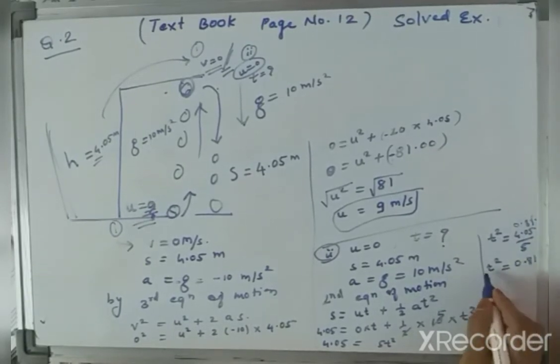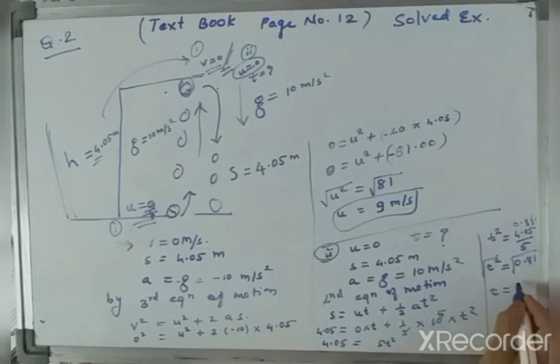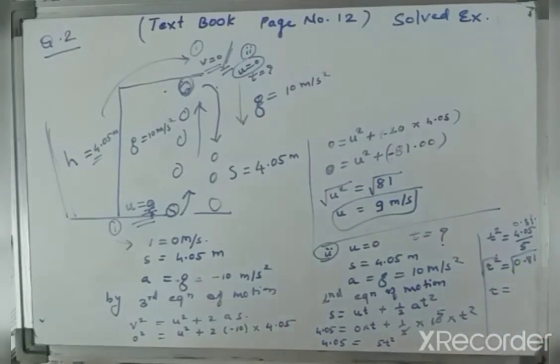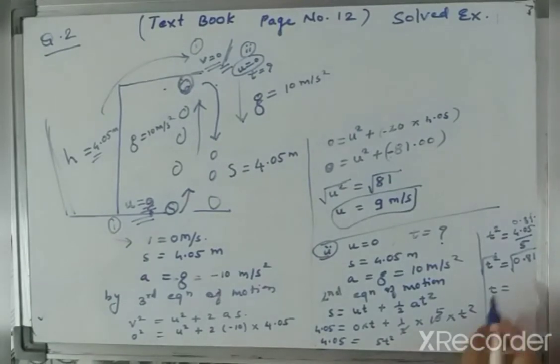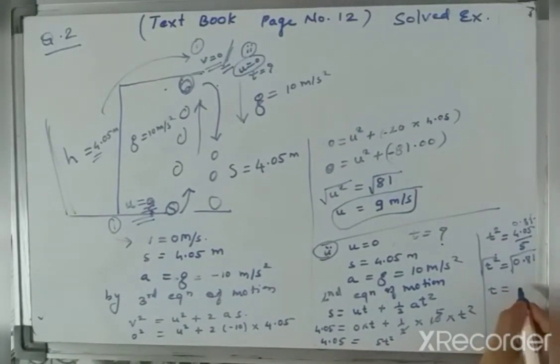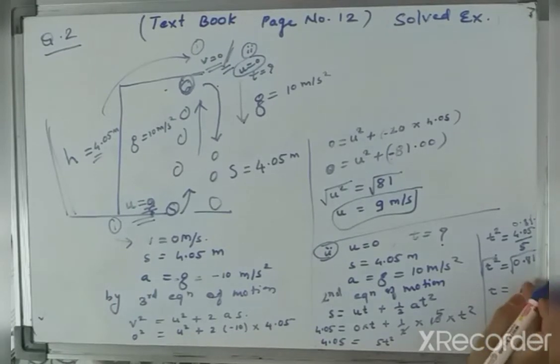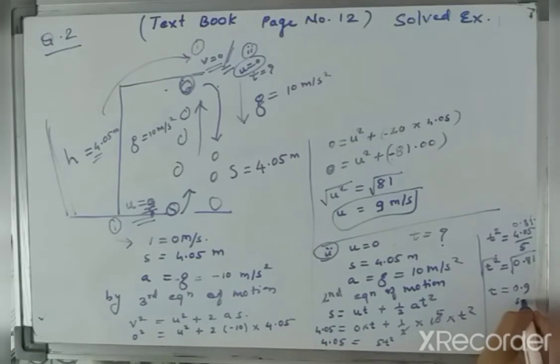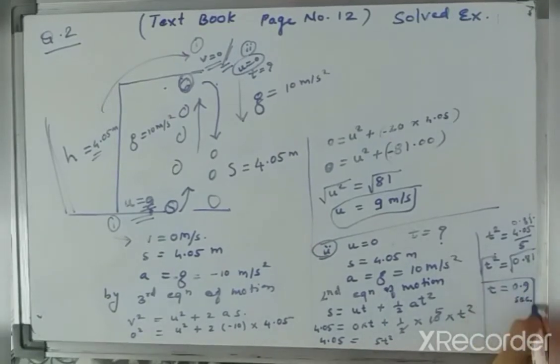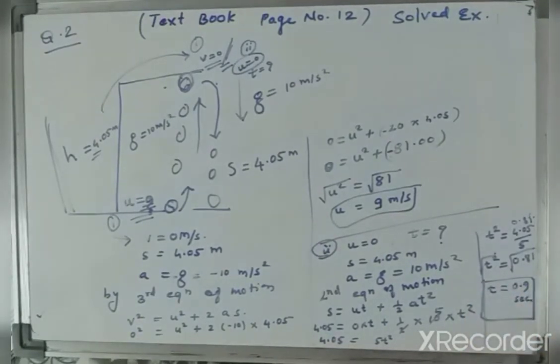We have to find out the value of t, so we will take the square root. t is equal to square root of 0.81, which is 0.9, not 9, 0.9. It is time, so seconds. Is this clear? Second example. Do you understand the second example?